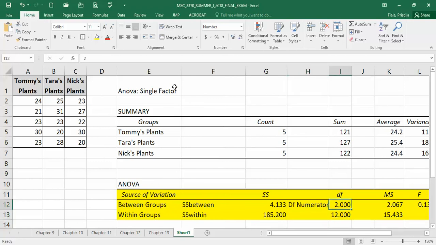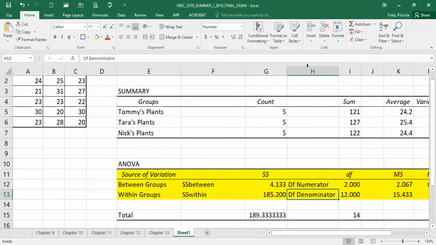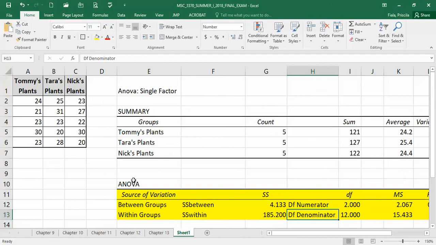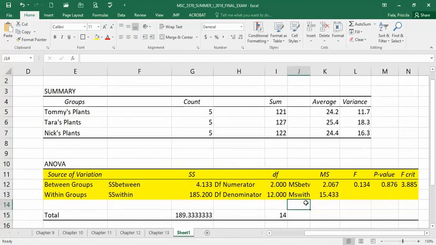So right here it's as simple as 3 minus 1. The degrees of freedom for the denominator is a little different. It's going to be the sum of all counts minus 3 because you have three groups, so it's going to be 12. Right here, you're going to have your MS between, which is going to change as well, and right here you're going to have your MS within.